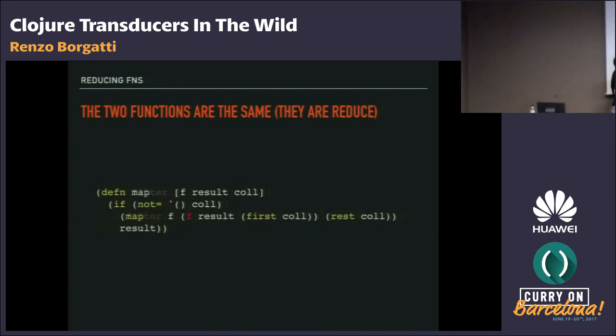If this is reduce, that is reducing with f, the reducing function, and that is f applied to the result, the accumulated result so far, and the first element of the collection, and that moves on. So that is reduce in Clojure at least.